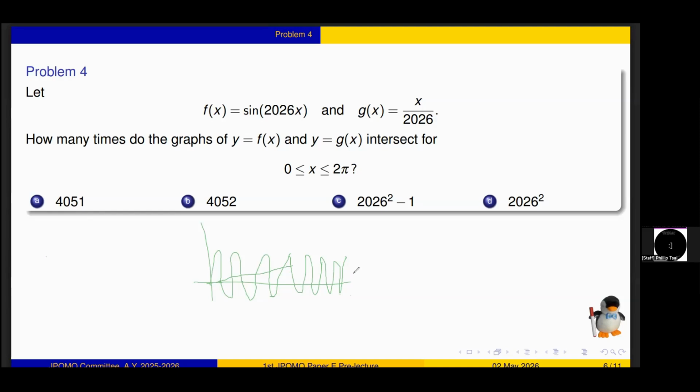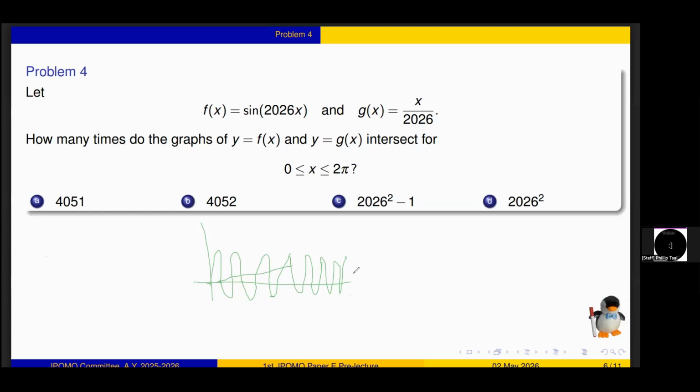Basically, what we mean is: what is it when we take mod 2 pi, which is a very abstract term, but it sort of works in a way.